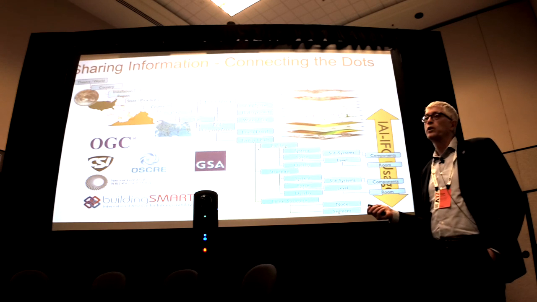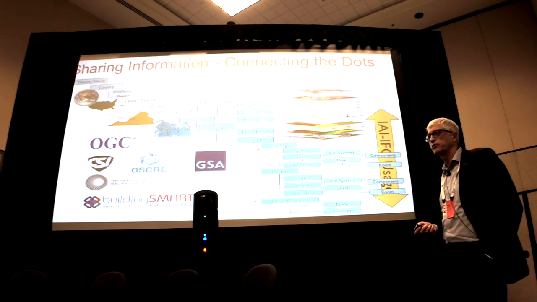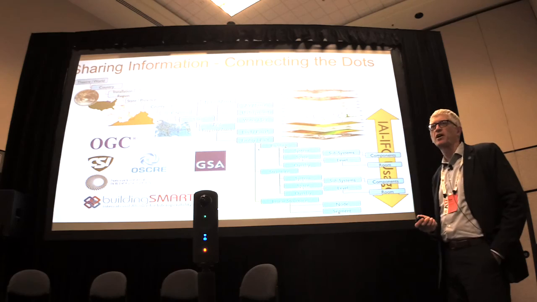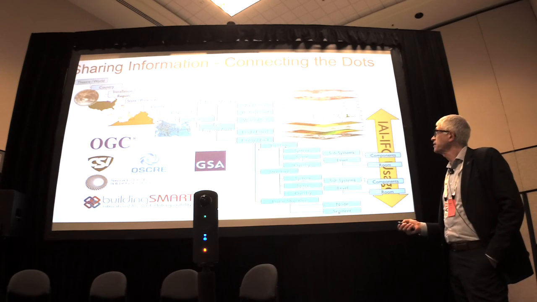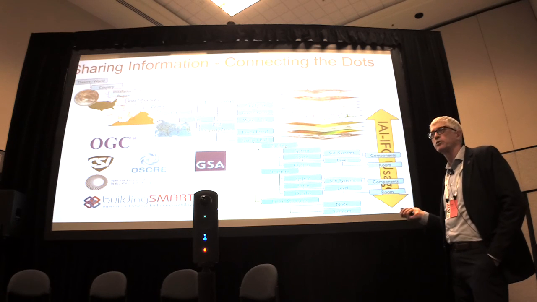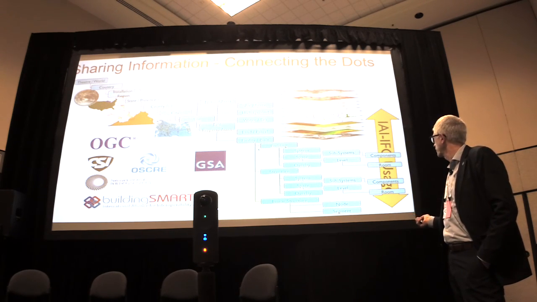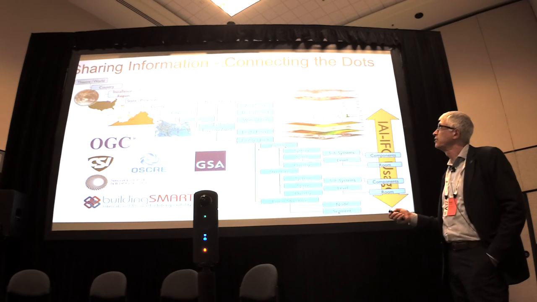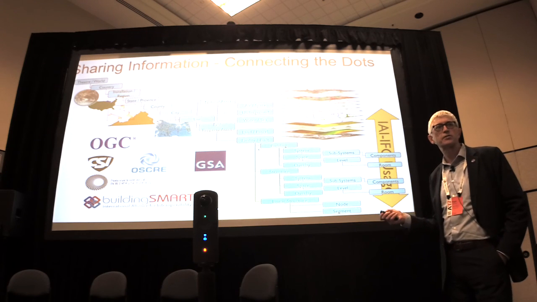The challenge is that in the building space, I don't want to pick on Dennis, but he referred to Facebook and all the power of what's behind the scenes in relating people together. I think you could argue that we have a more complex problem in the built environment world, where we want to be able to go from the very lowest level of a component in a building to the global depiction of the world and how everything fits together.